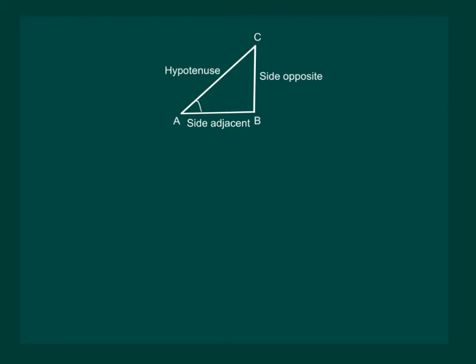We define the trigonometric ratios of angle A in a right triangle ABC as follows. The first one is sine of angle A, equal to side opposite to angle A by the hypotenuse, which is equal to BC by AC.